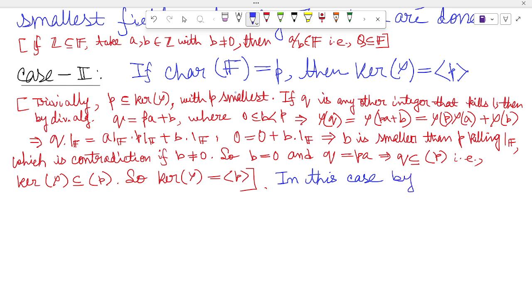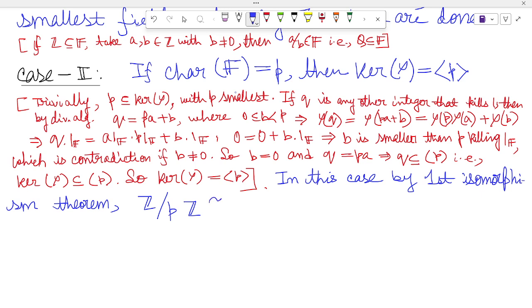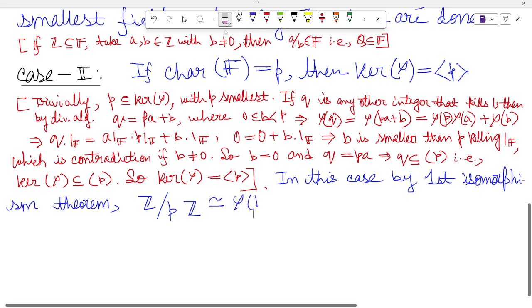Again, I will apply the first isomorphism theorem here. By the first isomorphism theorem, Z mod pZ is isomorphic to the image of phi.